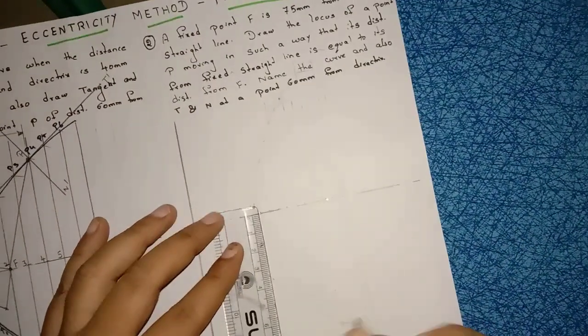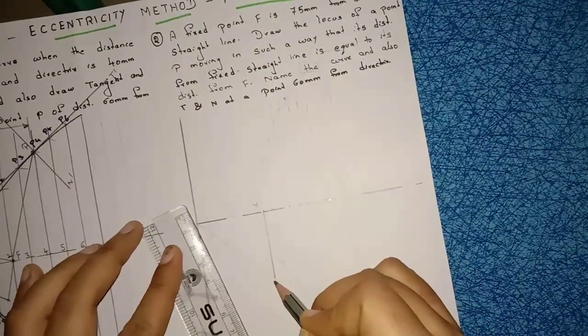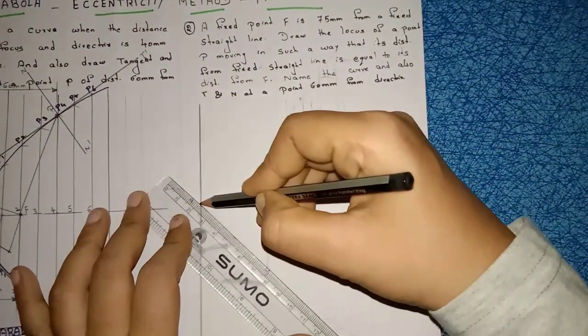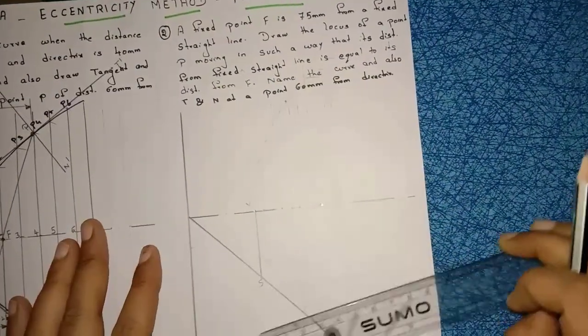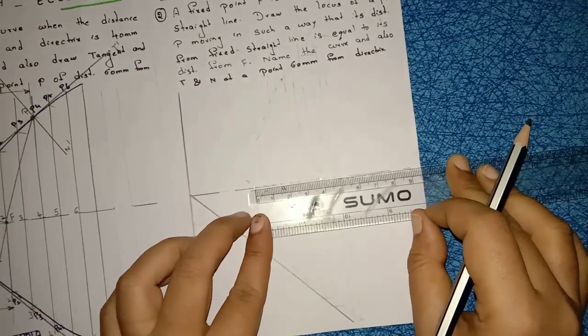and the same distance 37.5 we are drawing in a perpendicular manner, naming it as S. After that, we are joining this point. Next, we keep our scale like this.